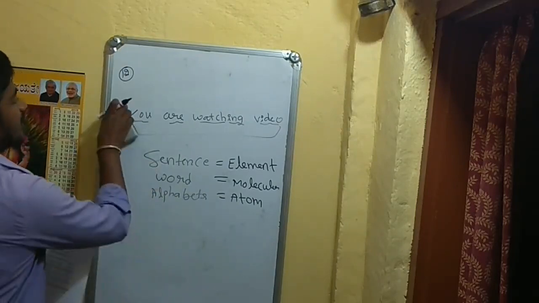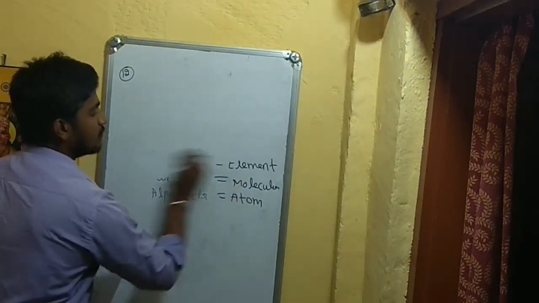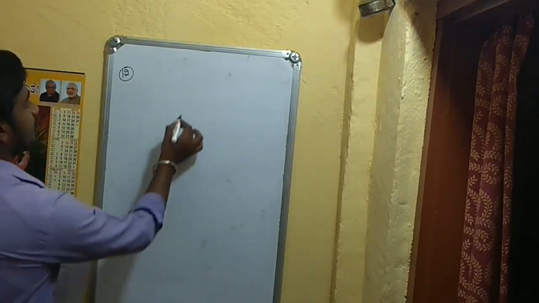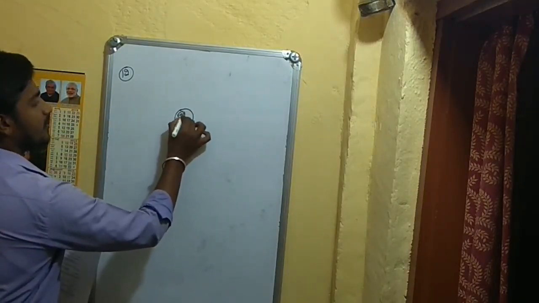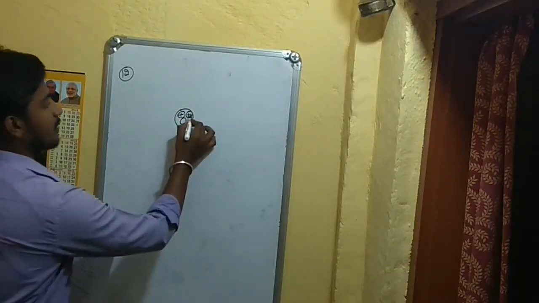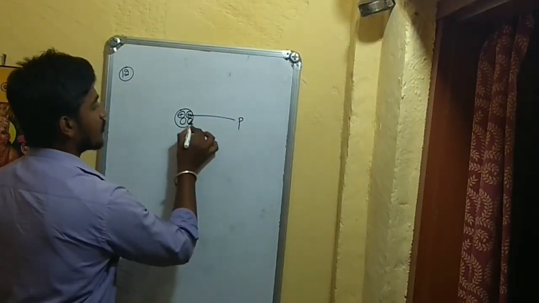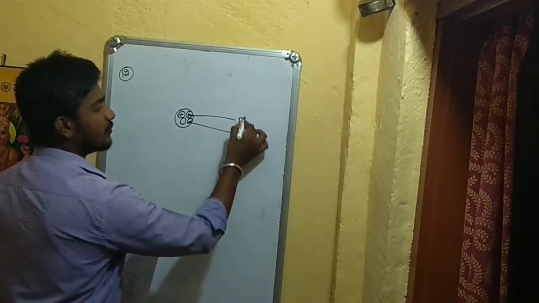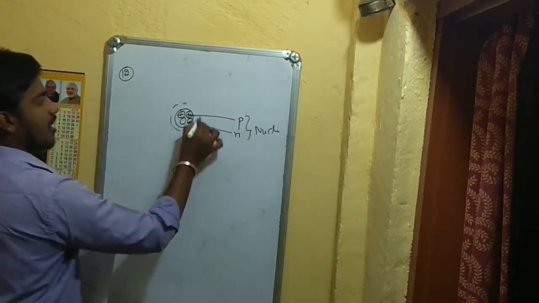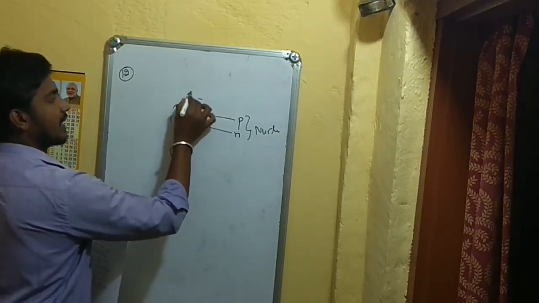So we understand what is atom. Now the atom consists of a center part where there are protons and neutrons. The positive charge will be proton, the negative charge will be neutron. Together we call it a nucleus. And in the orbit there will be electrons.